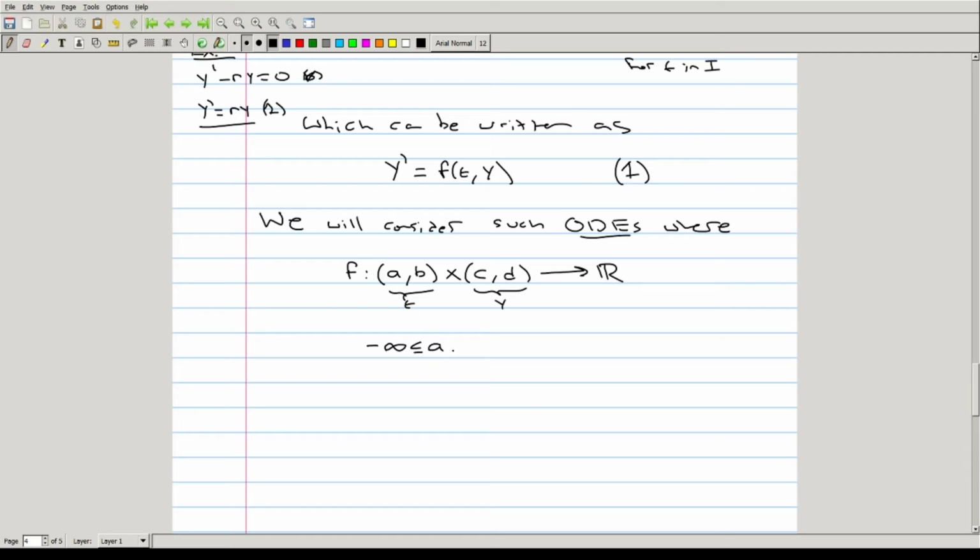So a is greater than or equal to negative infinity, and it's strictly less than b, which is less than or equal to infinity. c is also satisfying in this interval, and d is also in this interval. And that's basically giving us a very wide range of possible ordinary differential equations that we can study.